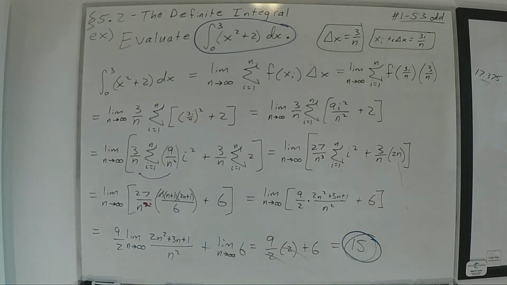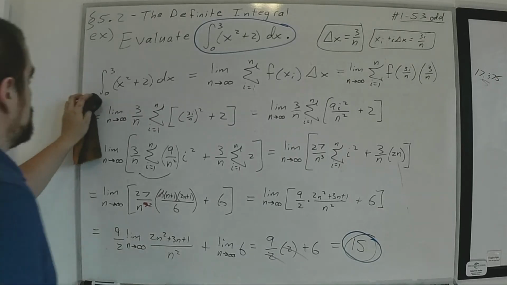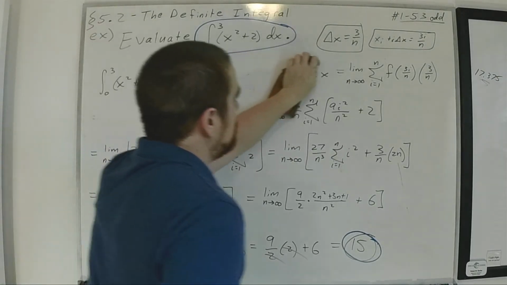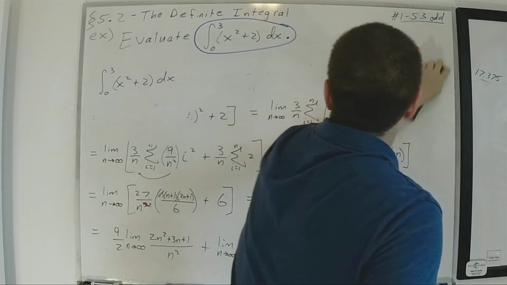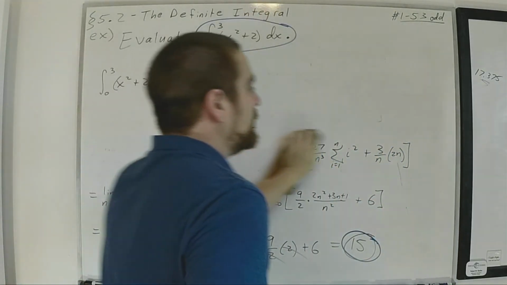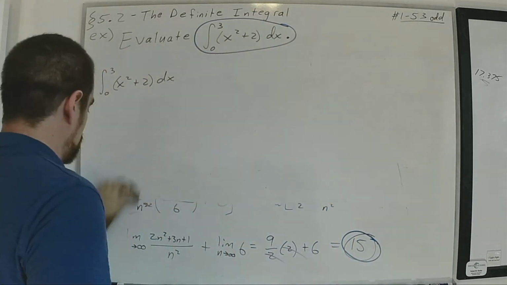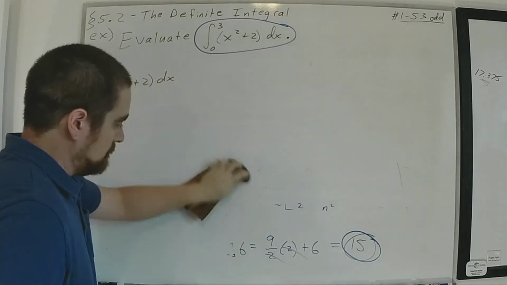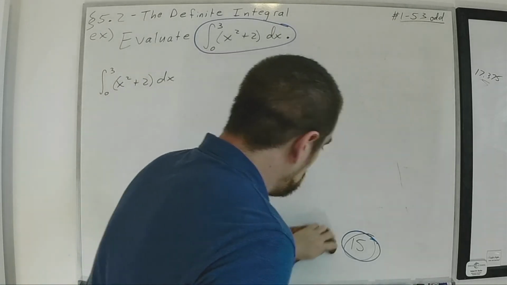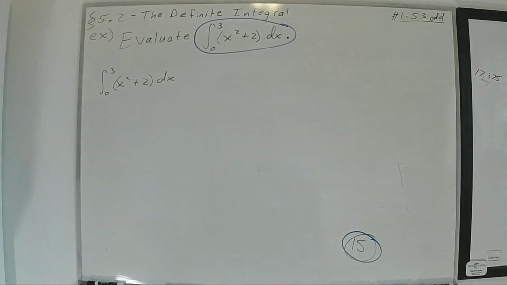So this is where I like to take a nice little aside and say that if you go back and look at section 4.9 where you talked about finding antiderivatives and how that's useful, is because notice that value of 15.